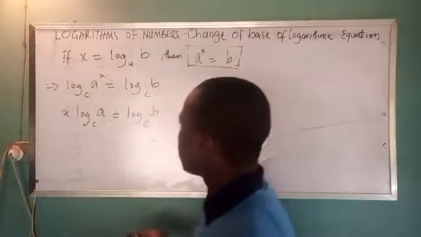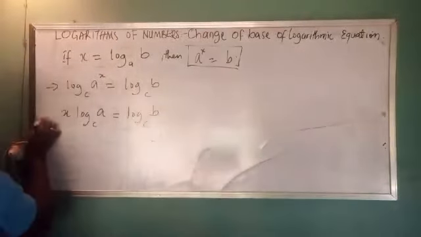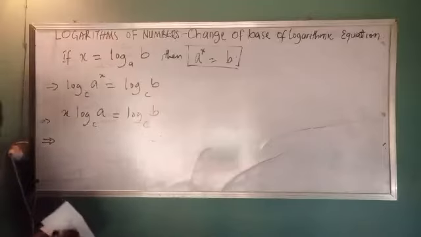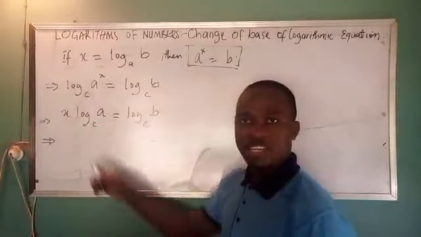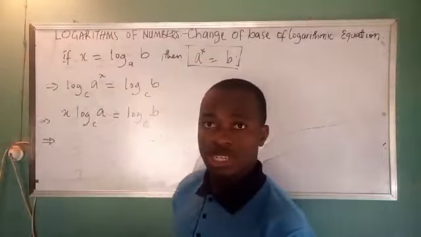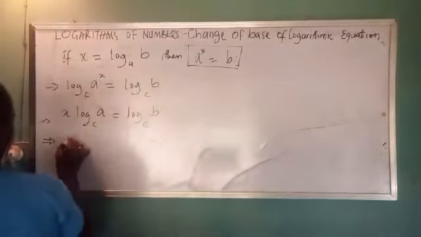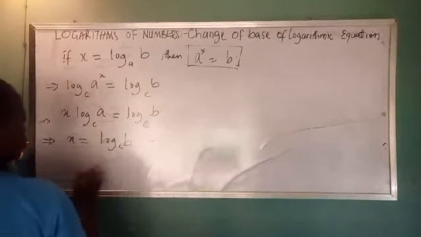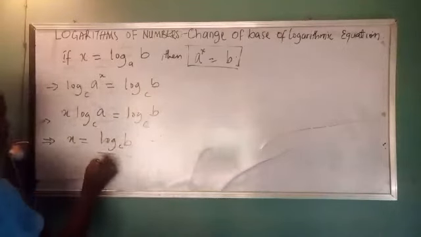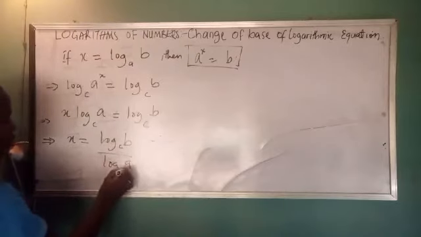So from here, you see that we can get the value of x by dividing through by log a to base c. So we have x equals log b to base c over log a to base c.